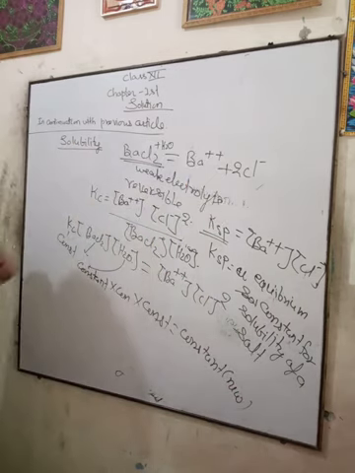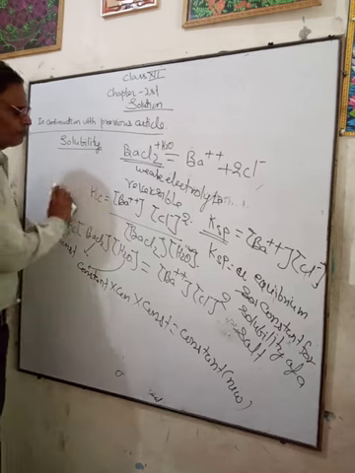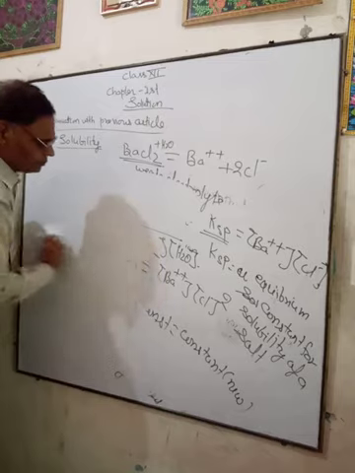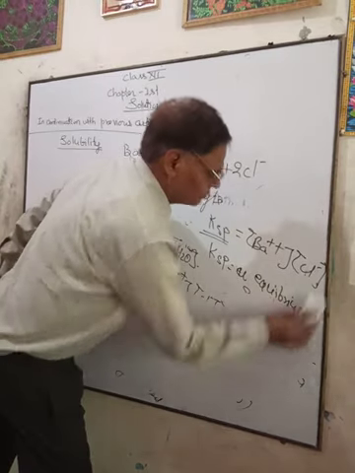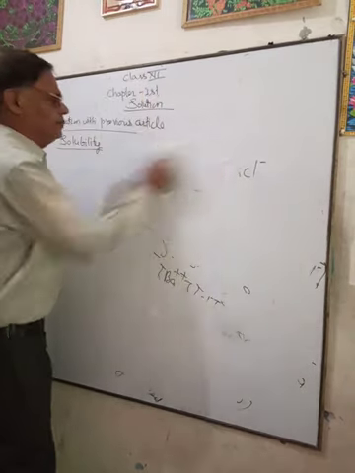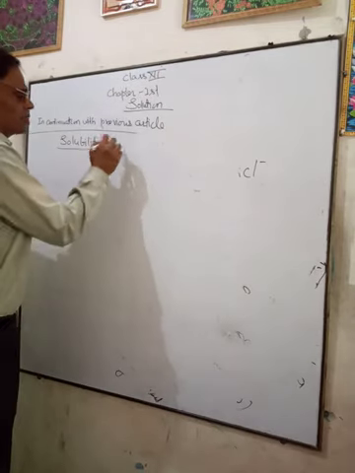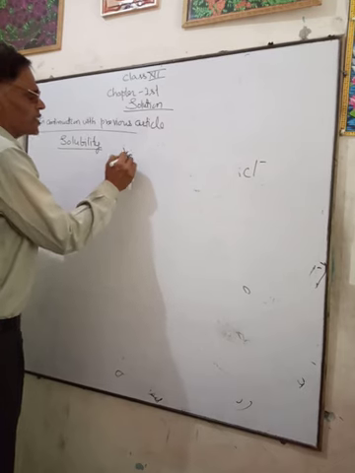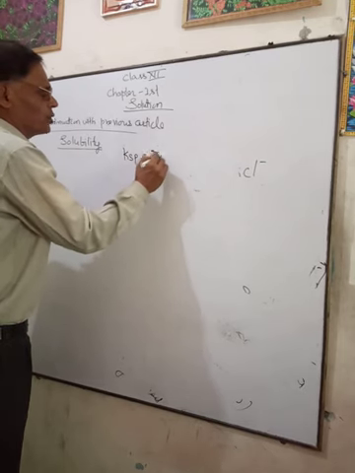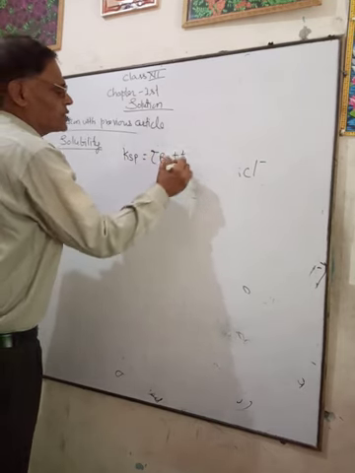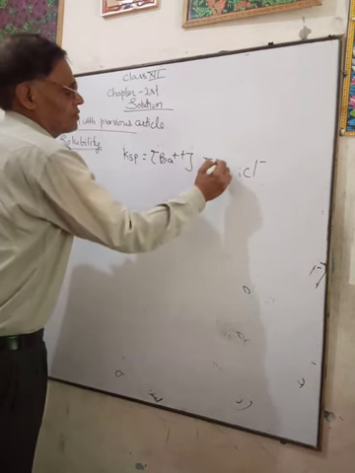Now we are moving ahead of this concept. Whatever derivation we have got, this one, that Ksp is equal to the concentration of Ba++ and the concentration of Cl minus.